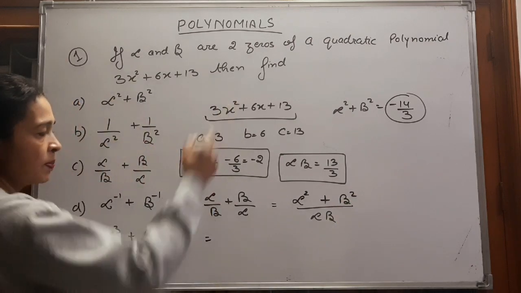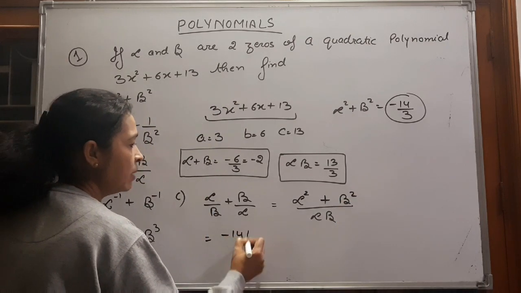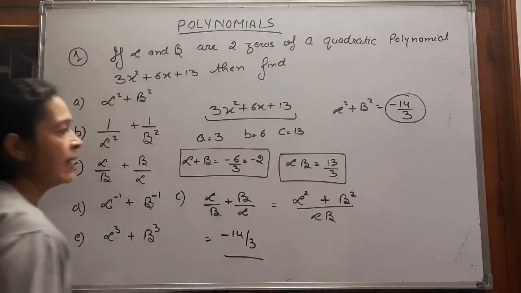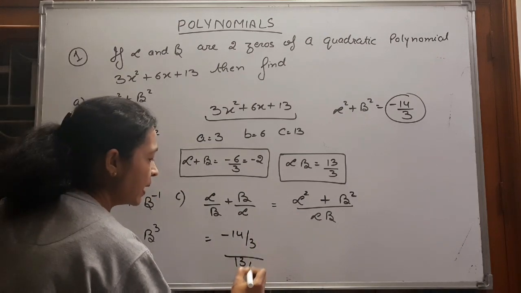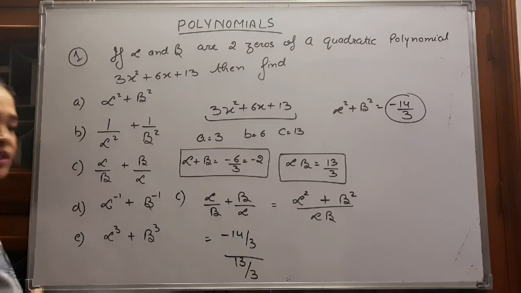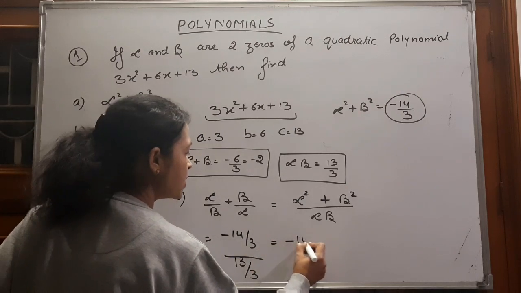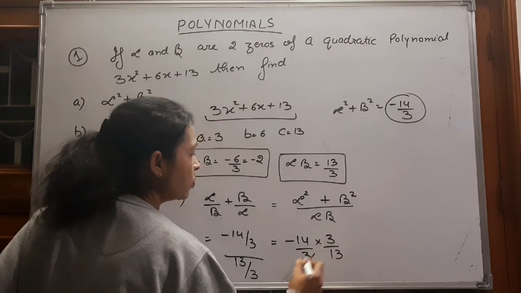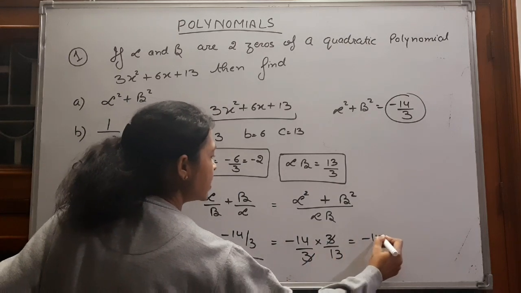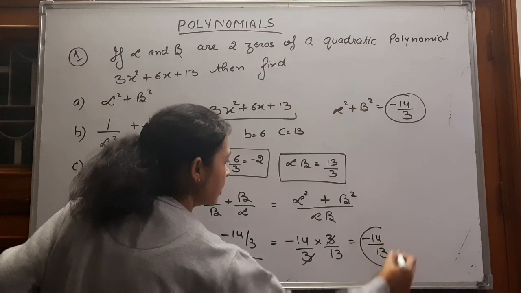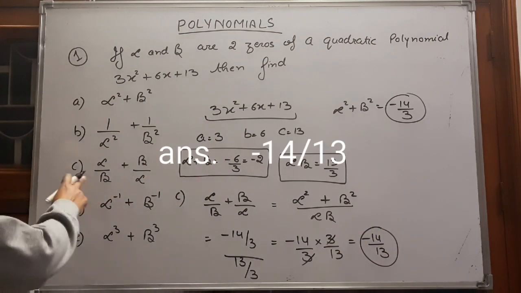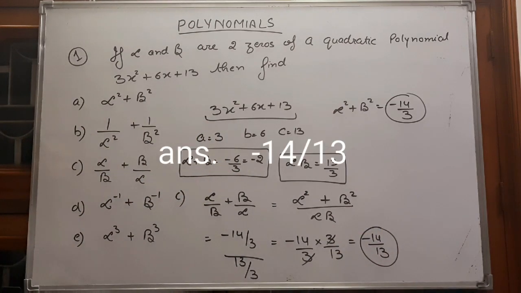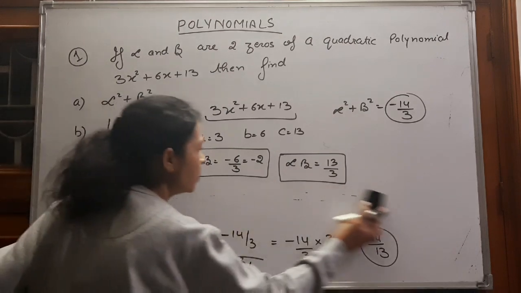This is alpha square plus beta square, which was minus 14 by 3, divided by alpha beta, which is 13 by 3. Again a fraction in the denominator, minus 14 by 3 into 3 by 13. 3 and 3 get cancelled. Minus 14 by 13 is our answer. Pause the video and note it down.